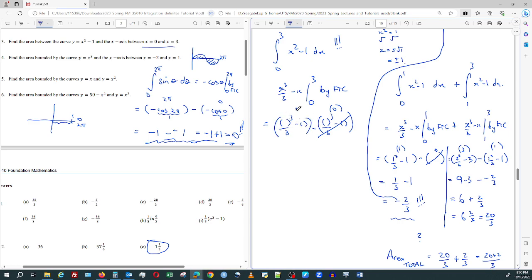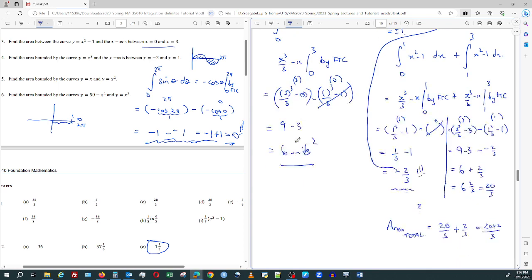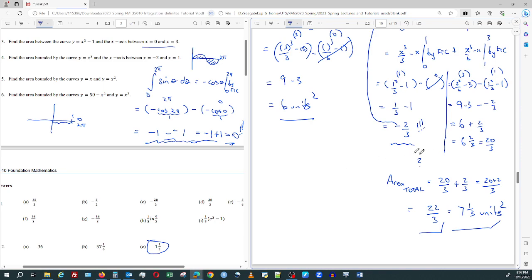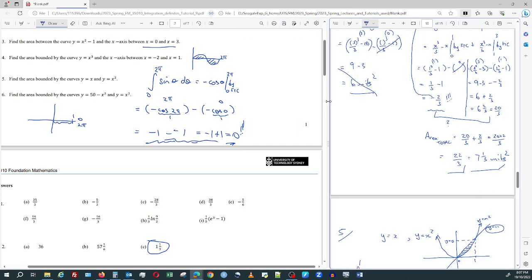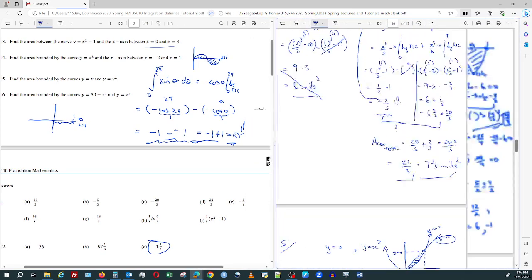This one's getting a 3, so this would seem to make sense. 3 3s are 9 3s are 27. 27 divided by 3 is 9. 9 minus 3 is 6 units squared. So what's the answer? That is the difference between these two. Okay, this is wrong. Whoops. This is wrong.